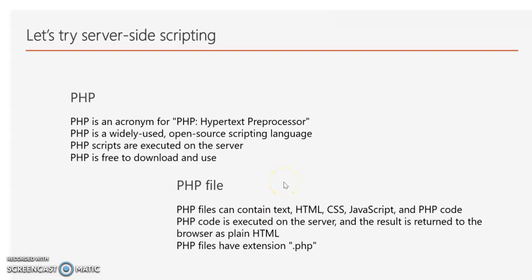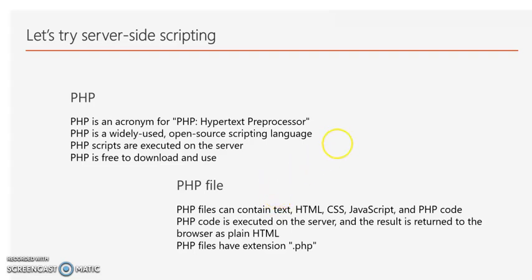A PHP file contains text, HTML code, CSS, JavaScript, and PHP code. The file or code is executed on the server and the result is returned to the browser as plain HTML. PHP files have extension .php.